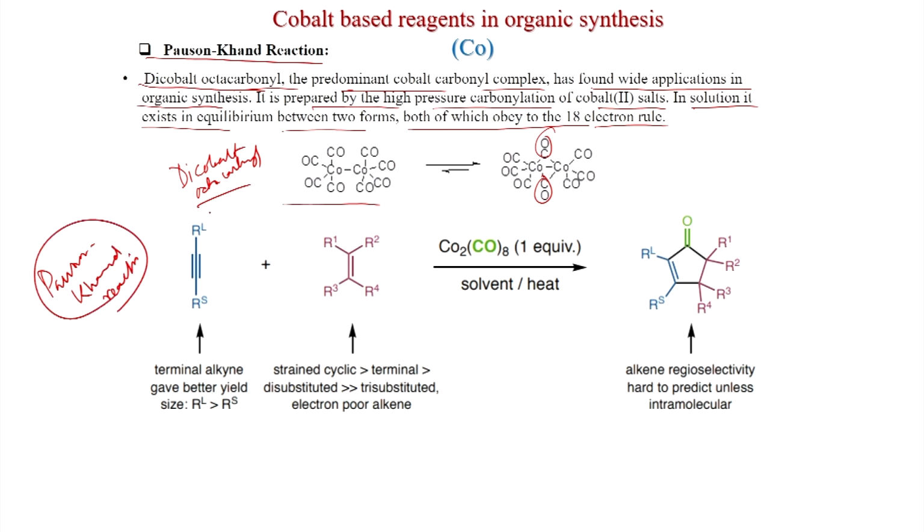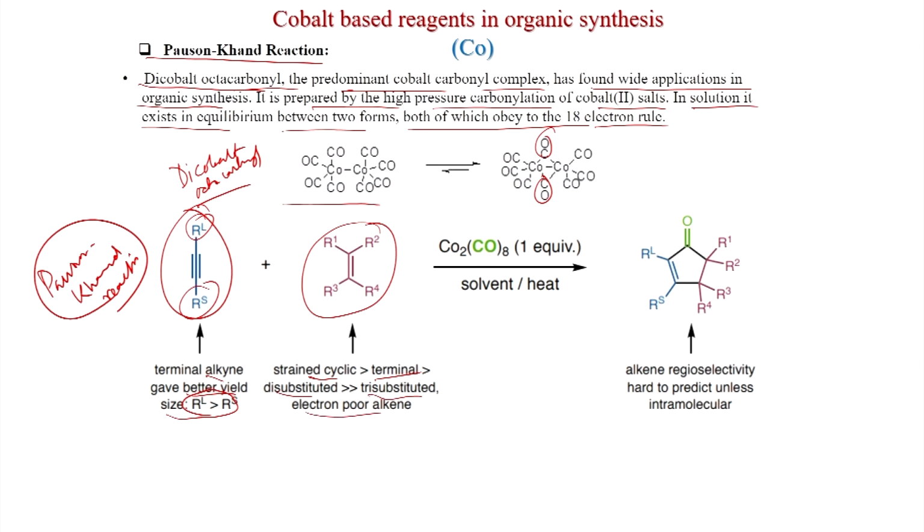Here an alkyne will be used, RL. So, this can be disubstituted. RL means this is the larger size, because you will see the regioselectivity is an issue. So, terminal alkyne gave better yield, size RL greater than RS. Now, for the olefin: strained cyclic greater than terminal, greater than disubstituted, then electron poor alkene.